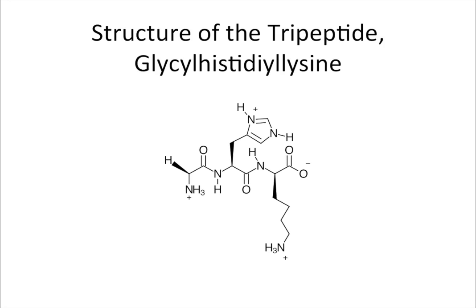Cystine is when you have 2 sulfur atoms covalently bonded together to form a disulfide bond, like a cross-link between different chains in the protein.